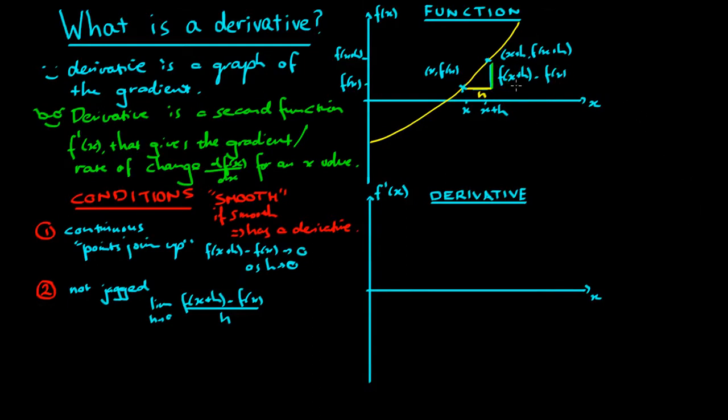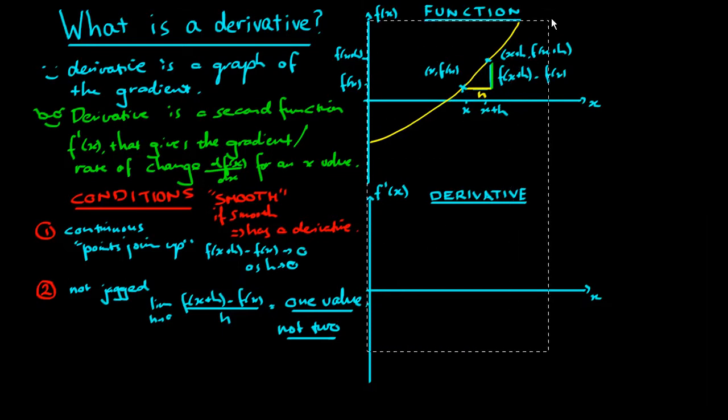So the rise over the run is going to equal the gradient of this line. And when we solve this limit over here, we should get one value, not two. So that's saying the gradient between the point we're looking at and the next point along, either side should be the same. So we'll see how that applies in a second. If you're confused by that, don't worry, keep watching.